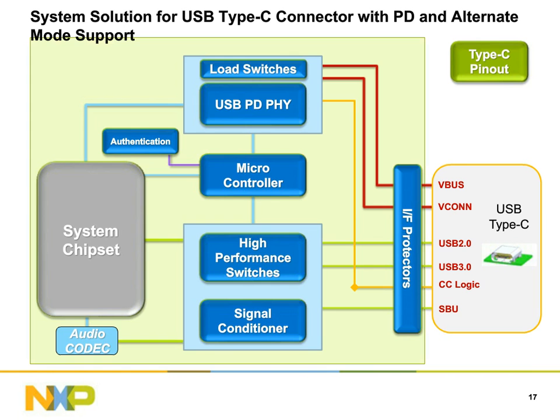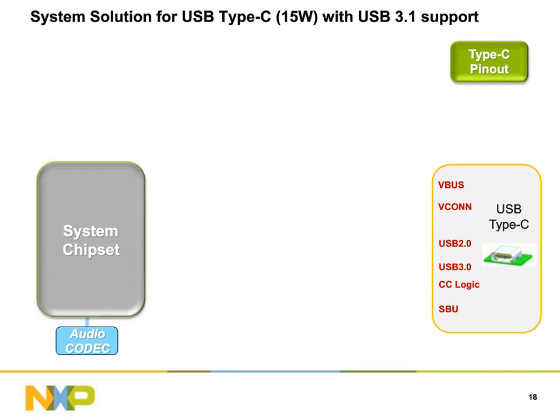So let's look at some use cases on what are the different things possible with USB Type-C. We just saw a system that implements power delivery, that implements alternate mode, that supports USB 3.1 and everything. Now you may ask the question that, hey, I do not want to support power delivery, or my system is okay with 15 watts, and I also do not want any alternate mode.